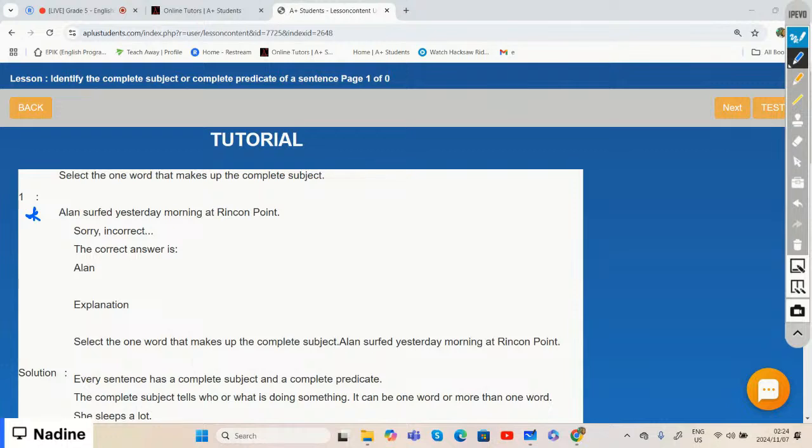All right. And if we were to select our subject, then we would say Ellen is our subject. It tells us who is doing something. Who served yesterday? It was Ellen. So Ellen is our subject.